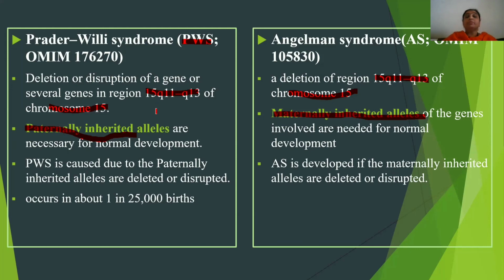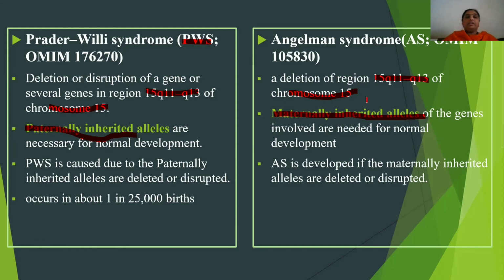Though the regions of the paternal and maternal chromosomes are functional, if the paternally inherited alleles are disturbed, there is Prader-Willi syndrome, and if the maternally inherited alleles have deletions or mutations, then Angelman syndrome occurs.